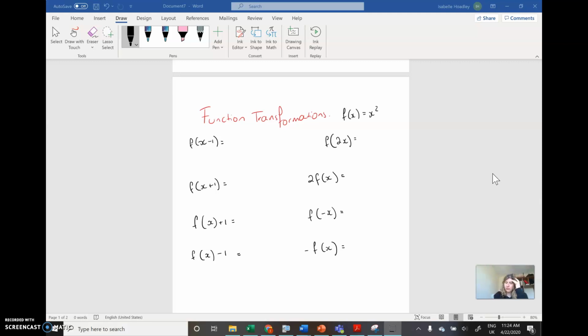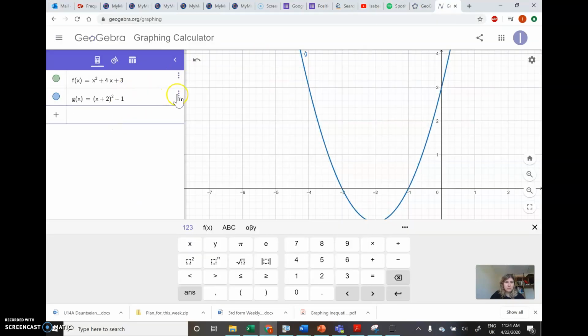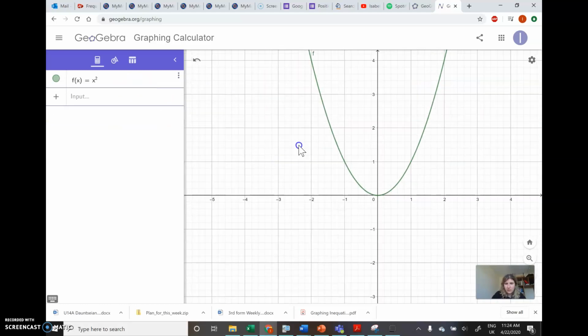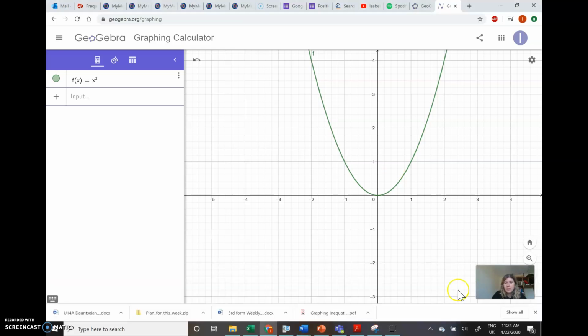For a quadratic, your basic function is just f of x equals x squared, because if we chuck that into our screen, we can look at the graph. We can see that it goes through 0, 0, and that it's the most simple quadratic that you can have. So all functions have a basic form.